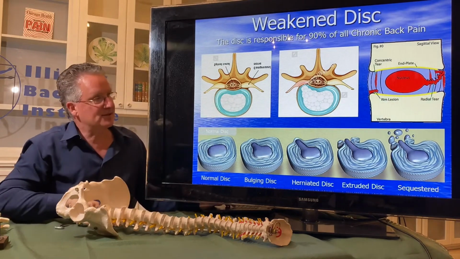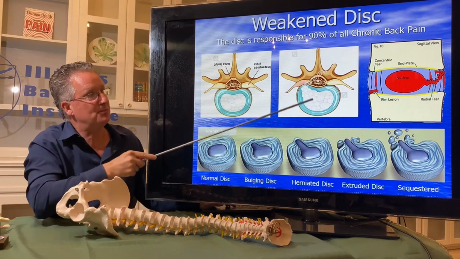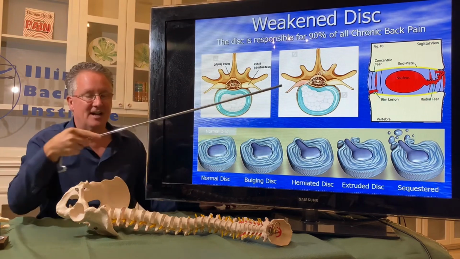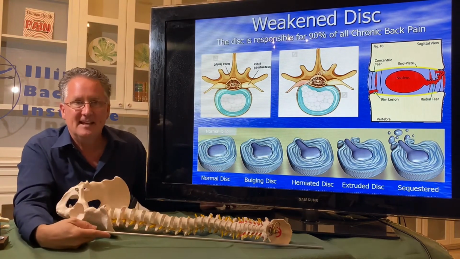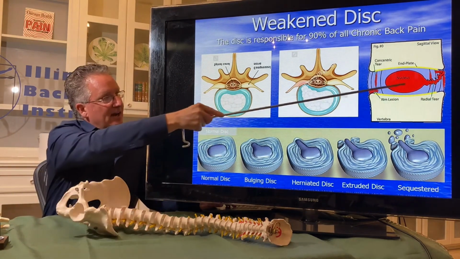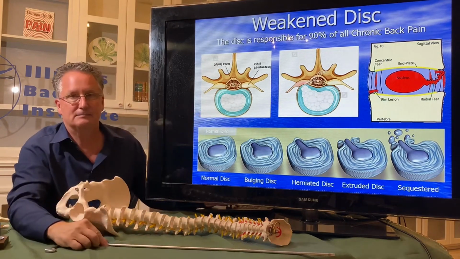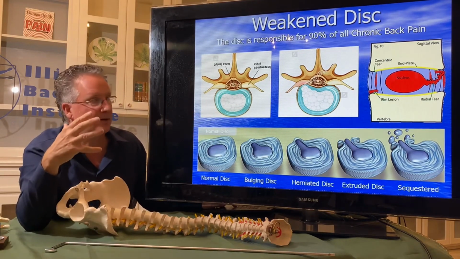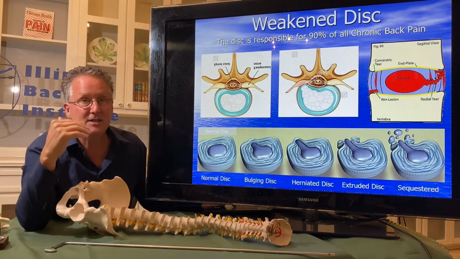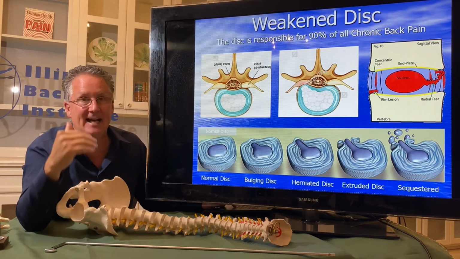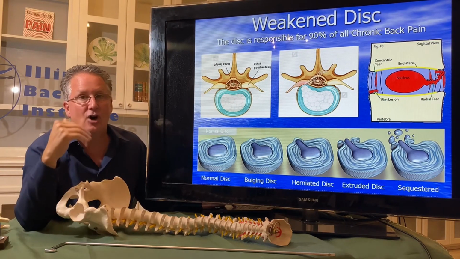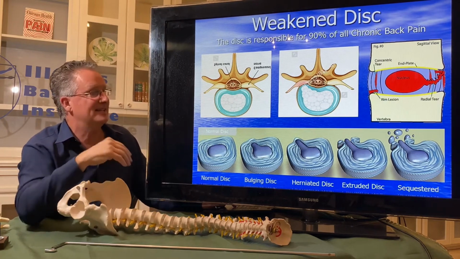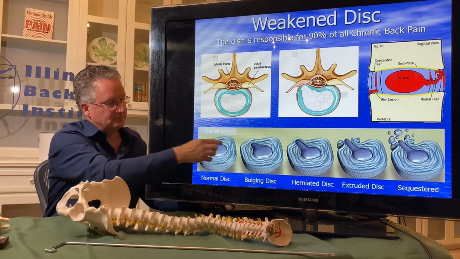What happens is sometimes that disc will start to push out, and as it pushes out, it creates a tear in the annulus, and that tear is what gets aggravated. Again, there's 5 components. And it's all about making sure that that disc does not get aggravated. If you do things all day long that aggravate the disc, the pain never goes away.